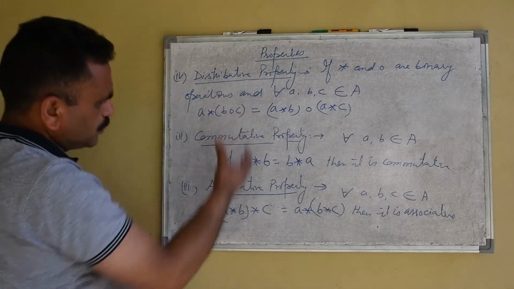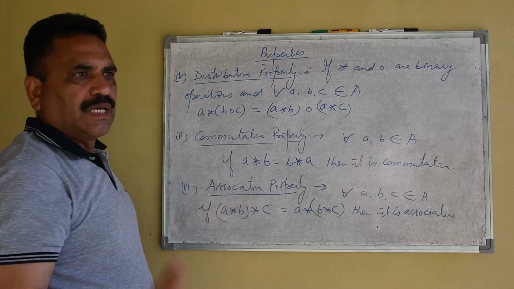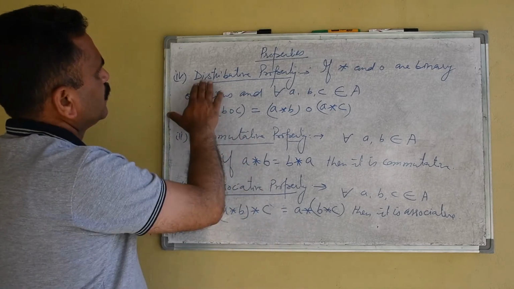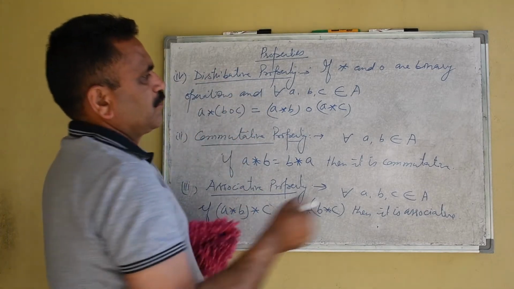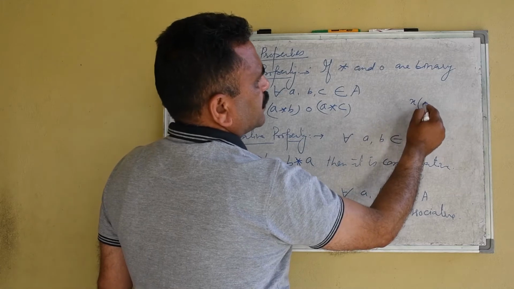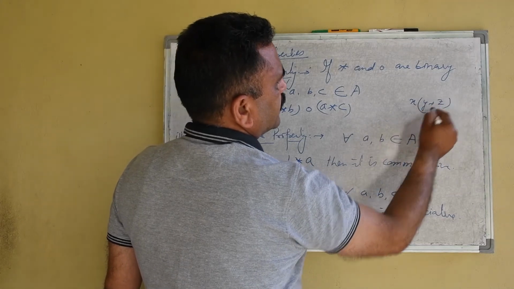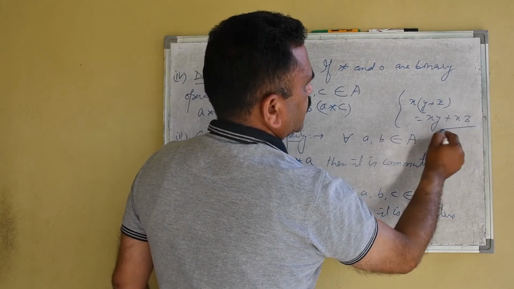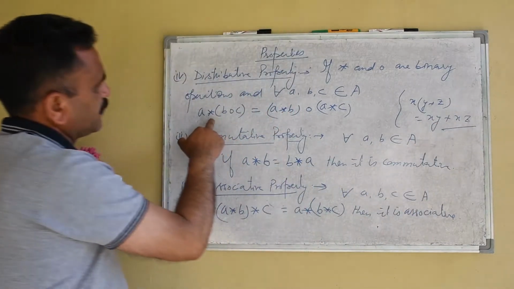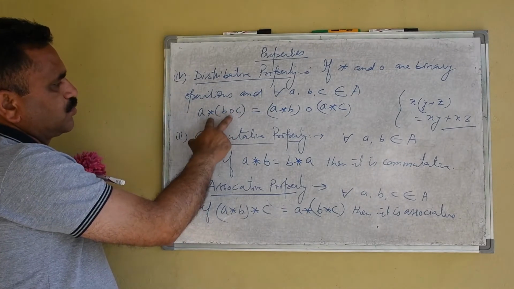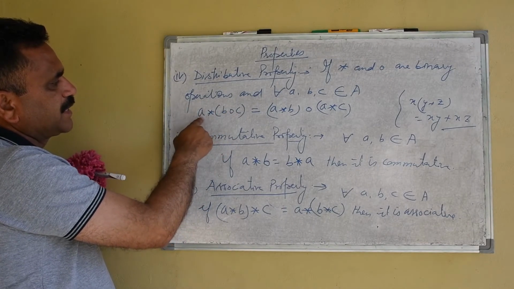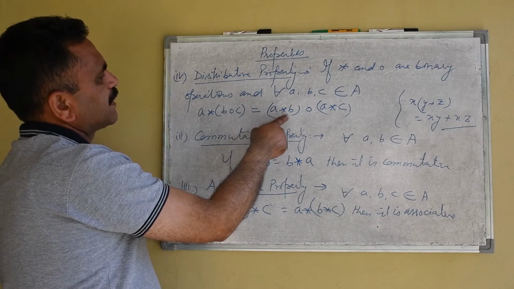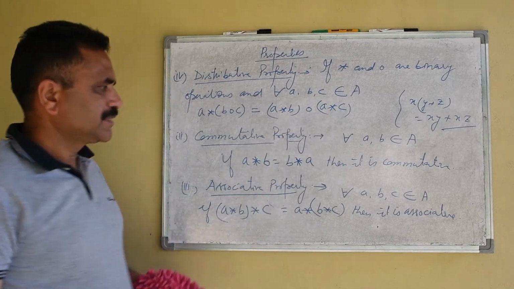We have used all these three laws in our junior classes also. So in distributive property, we used to write x into (y plus z) equal to xy plus xz. That means in a similar way, if star and not are two binary operations and we operate the element A with (B not C), then it would be equal to (A star B) not (A star C).